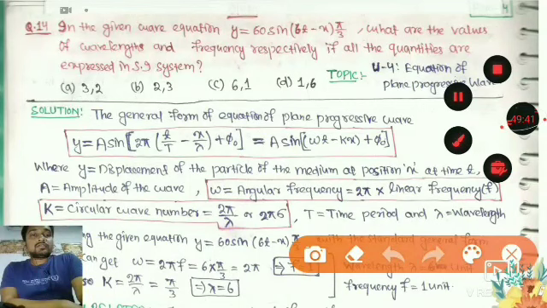Moving to the next question, question number 15. This is from the topic magnetic field due to a circular loop and solenoid. Here you only require remembering the formulas.